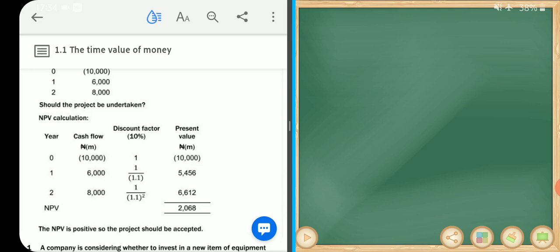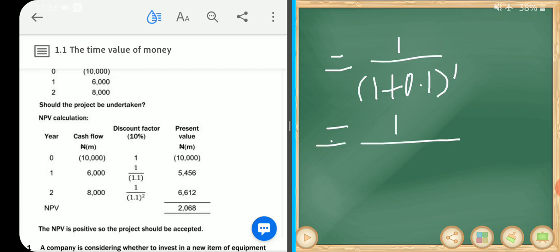Now, in our year 1, it will be 1 over 1.1 raised to power 1. By the time you calculate this, 1.1 raised to power 1 will give us 1.1. So 1 divided by 1.1, we have 0.909.